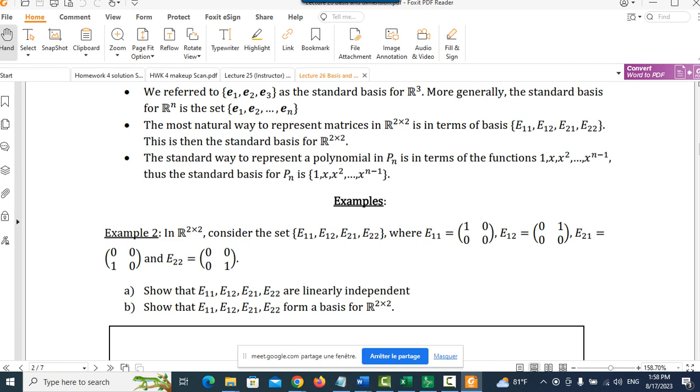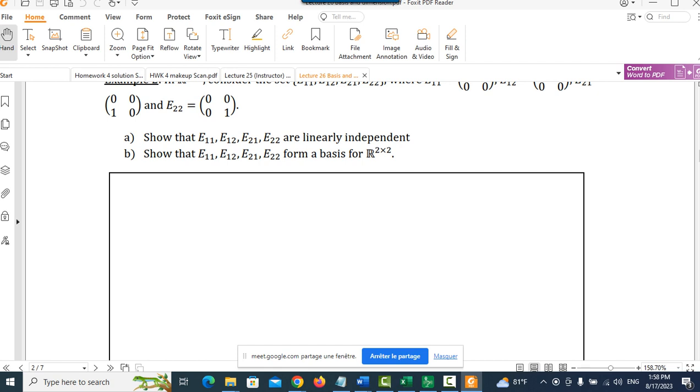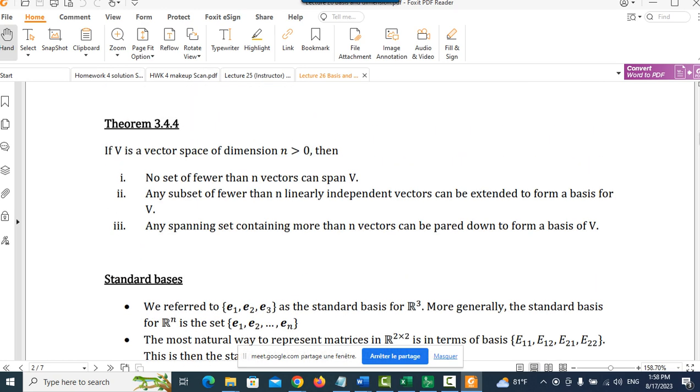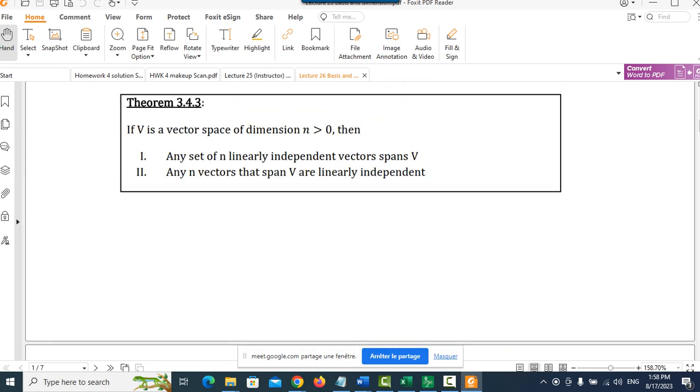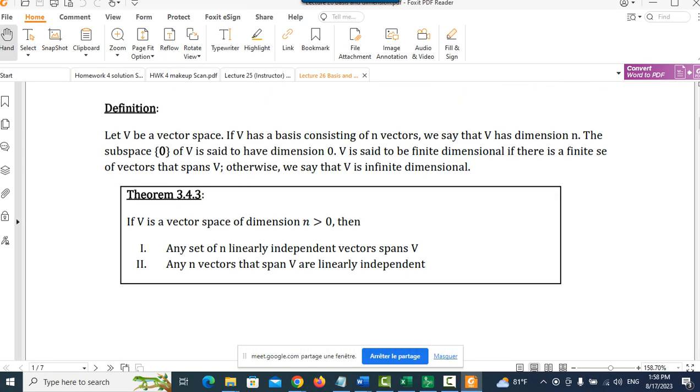Now here we have one, two, three, four elements, four items. If we wanted to use this theorem, because here we're dealing with R2 by 2, we need to have a vector space of dimension n.